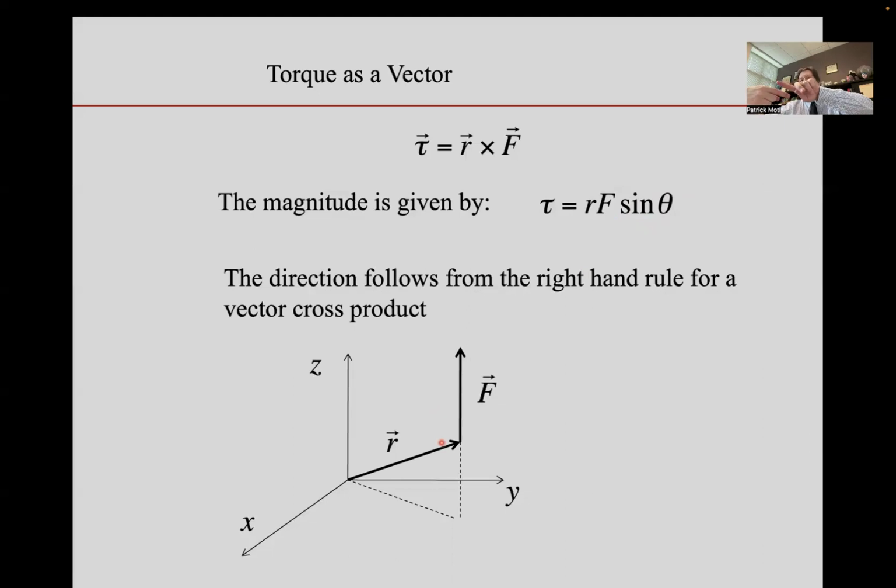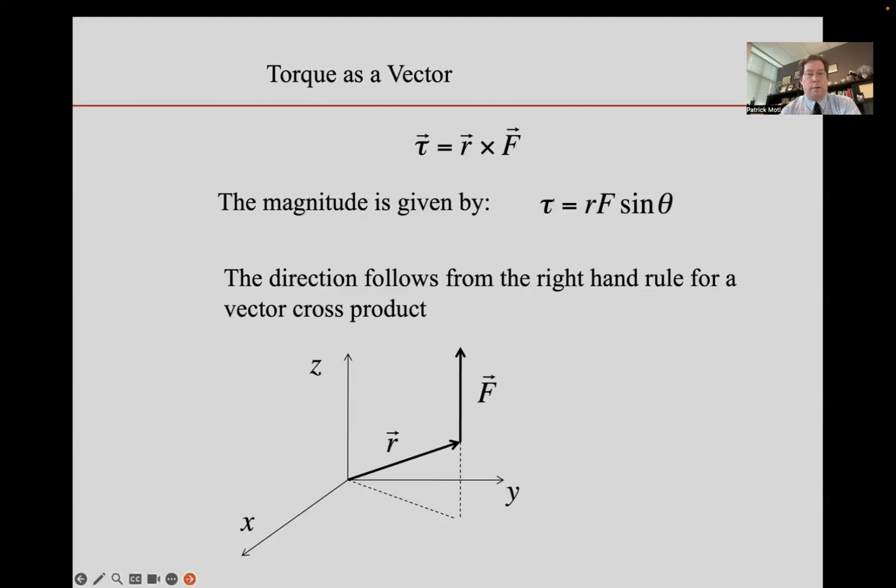And if they point in opposite directions, then again, sine of 180 is 0, and no torque. But if those two vectors span a plane, they define a unique plane, then the vector cross product will give you the right-handed direction perpendicular to that plane.